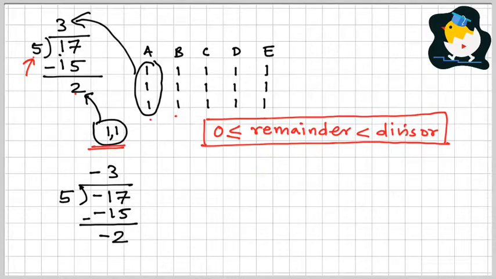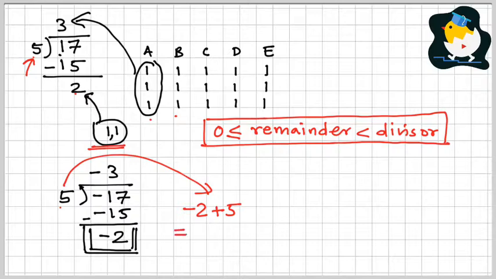Remember, the remainder cannot be negative because remainder is always between 0 and divisor. Okay, so how to find the remainder in this case? So in this case, the remainder will be minus 2 plus 5, this divisor, right? And that is equal to 3. So in this case, the remainder is 3.